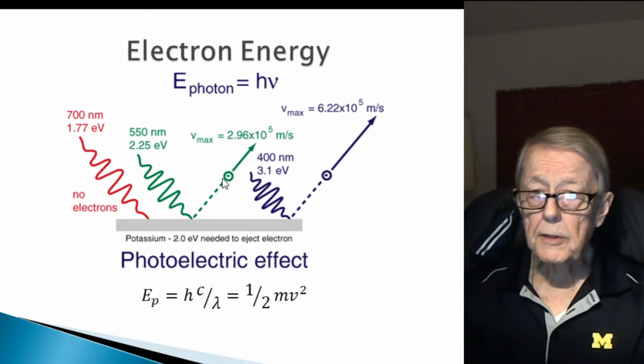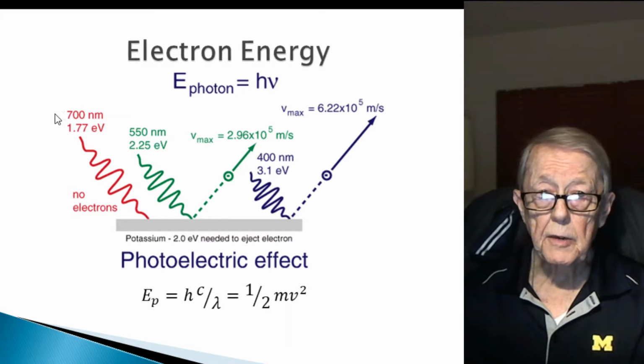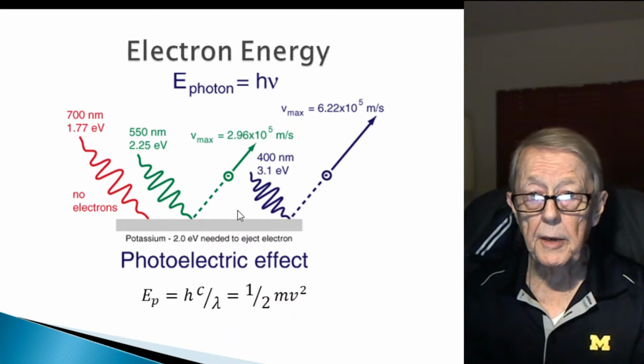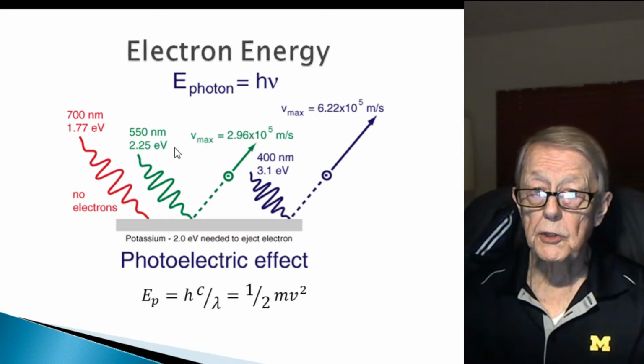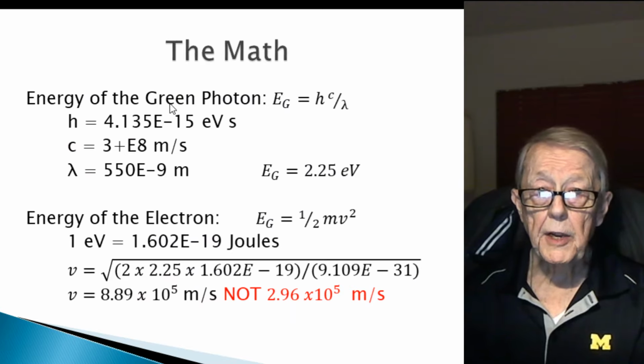This is another chart I showed, which I used just to show the basic function of light hitting the material, with red light not emitting any electrons, while green and violet both generate. I decided to check the math, and I chose the green light to do so. You start with the energy of the green photon using the equation they have.